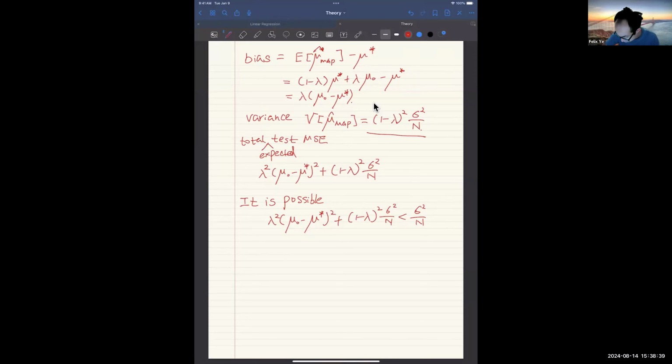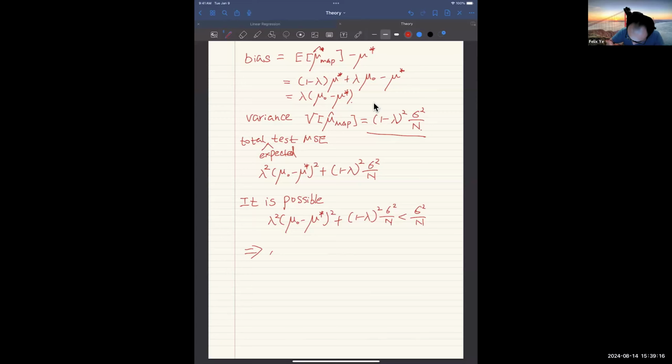So you can do this estimation, and basically we can expand that. If we expand that, we can solve for lambda, and see under what kind of situation this holds.